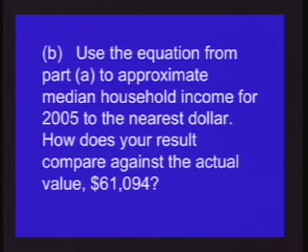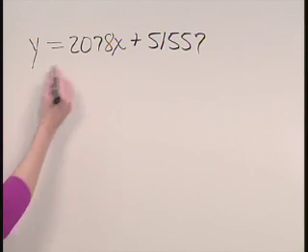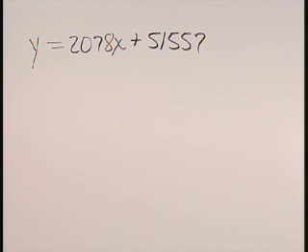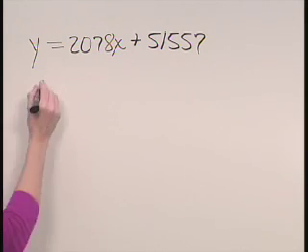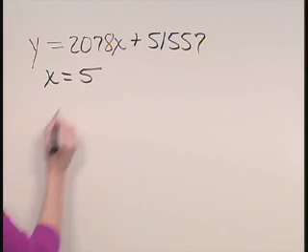Use the equation from Part A to approximate median household income for 2005 to the nearest dollar. How does your result compare against the actual value of $61,094? This is the equation that we found in Part A. Now we want to evaluate this equation for 2005, which means that x is equal to 5.